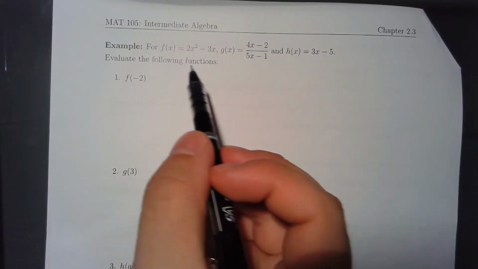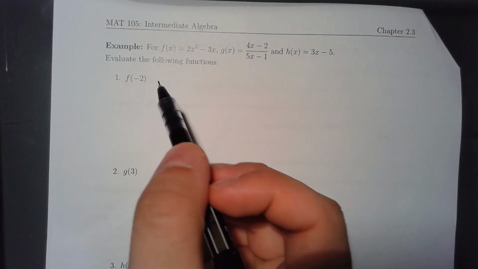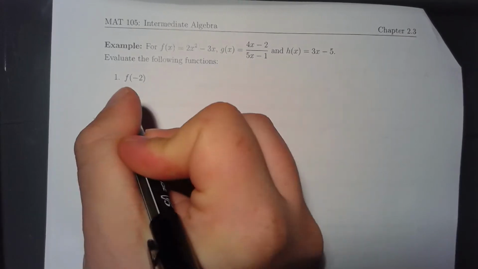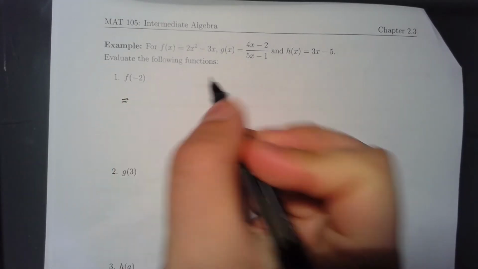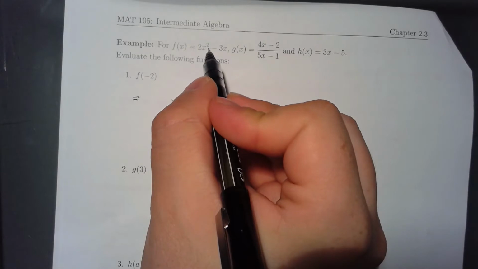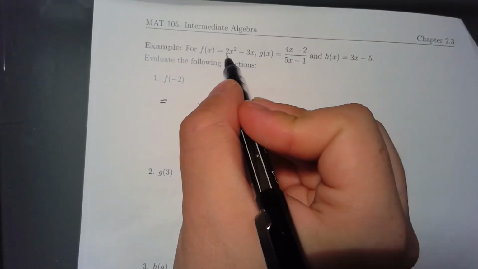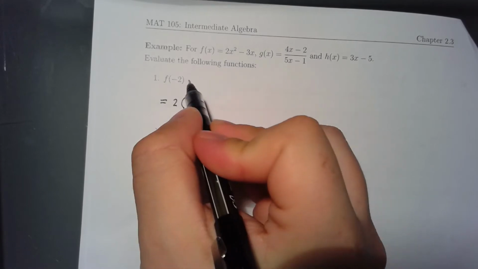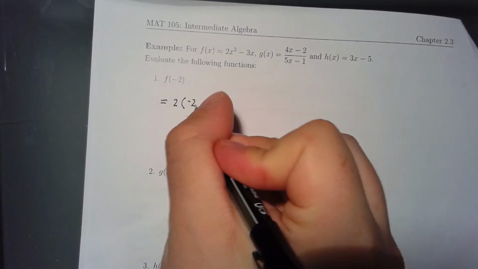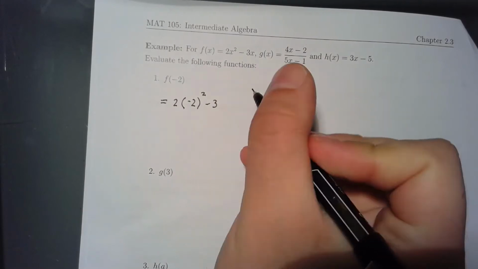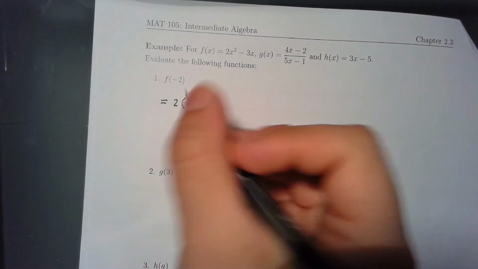So evaluate the following functions. So f at negative 2. This means negative 2 is going to go into f of x. Wherever you see an x, you're going to replace it with negative 2. So this is 2 times the quantity negative 2 to the second power, minus 3 times my input, which is negative 2.